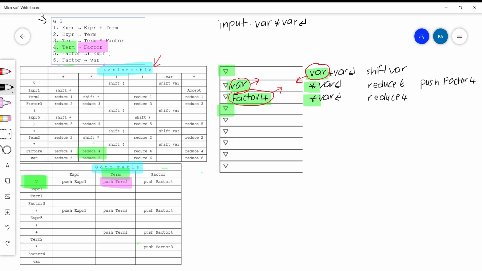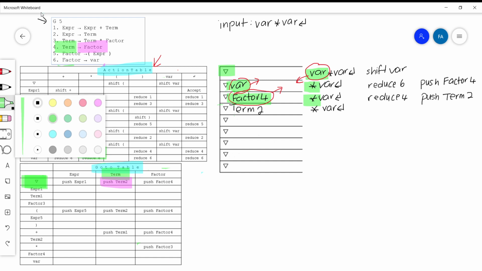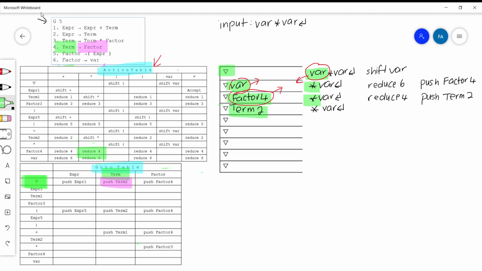I will write push term 2 here, and I will push term 2 on top of our stack, and I will maintain the current input pointer. We are still reading the input as star. Okay, next let's read the value for the next action table. The symbol on top of our stack is term 2. Our input is star.